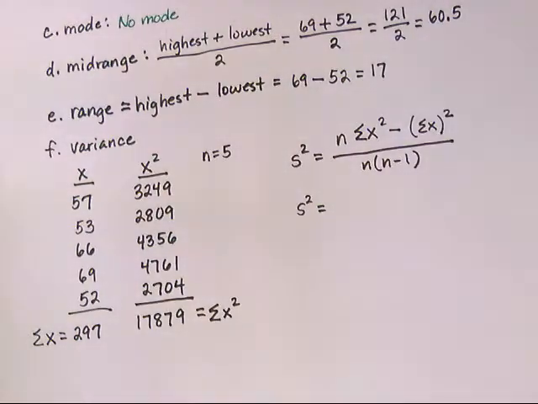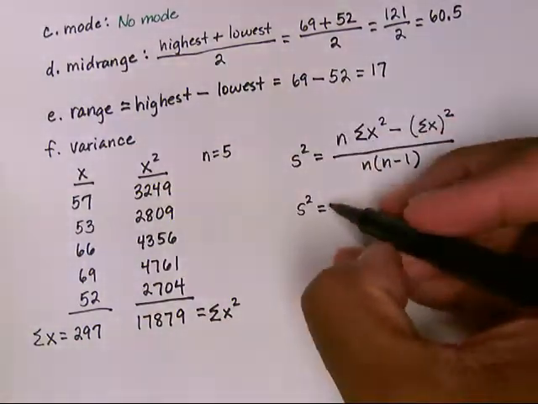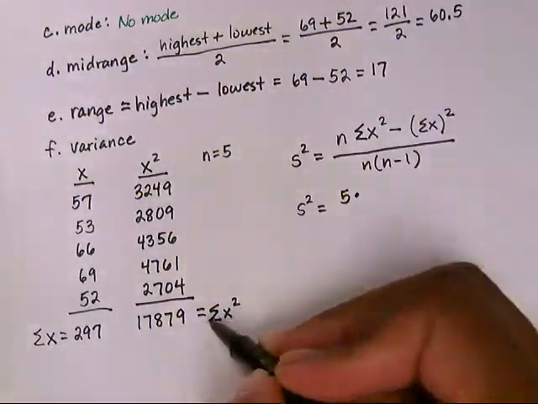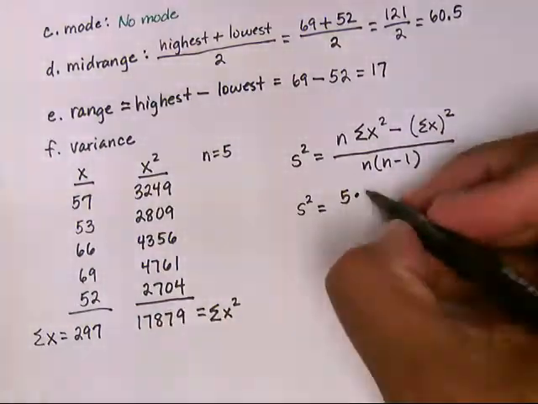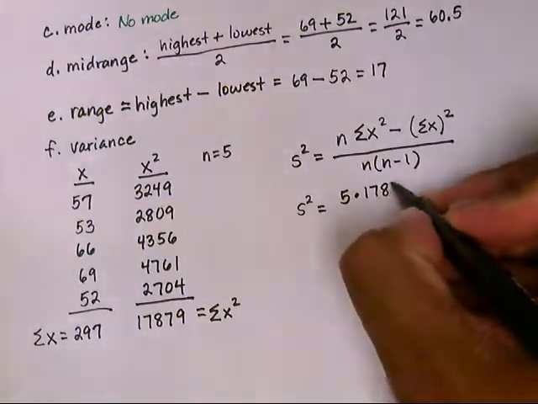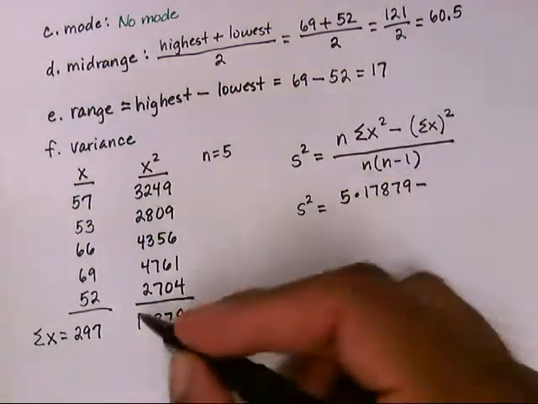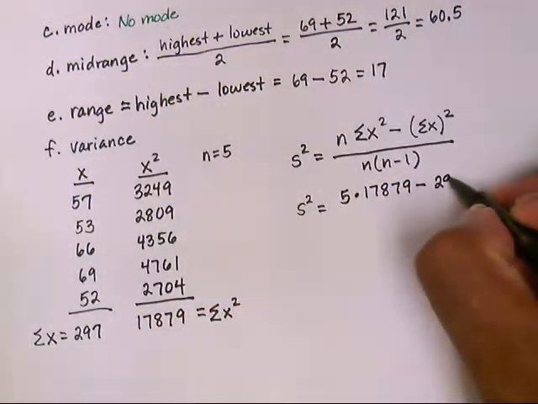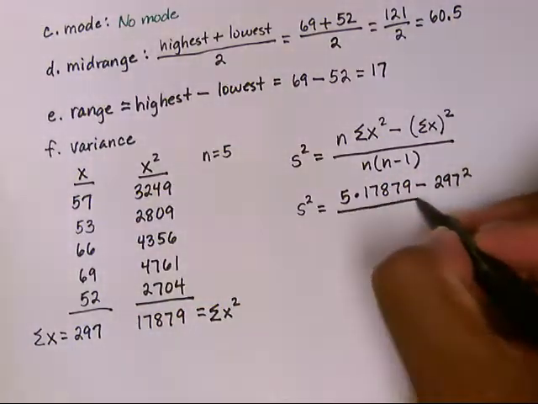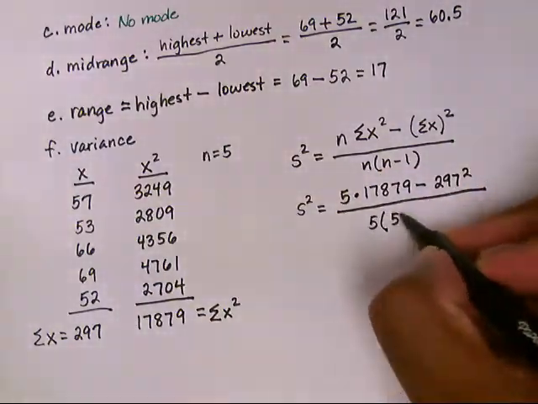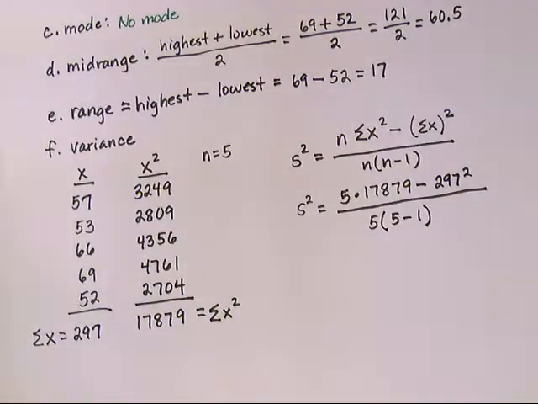So I just substitute those numbers into that variance formula. n is 5, multiplied by the sum of the x squares, that's this right here, 17,879, minus the sum of the x's, that's 297. But that 297 has to be squared. All that's over n, which is 5, times n again, that's 5, minus 1.